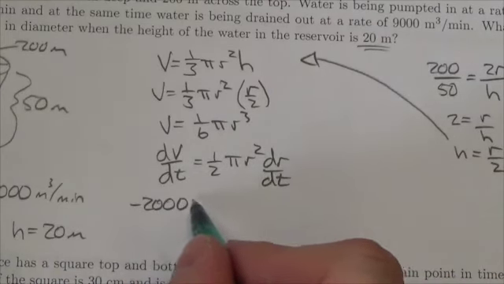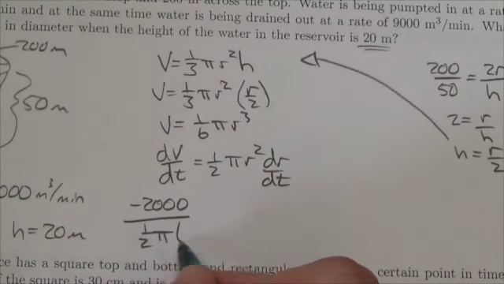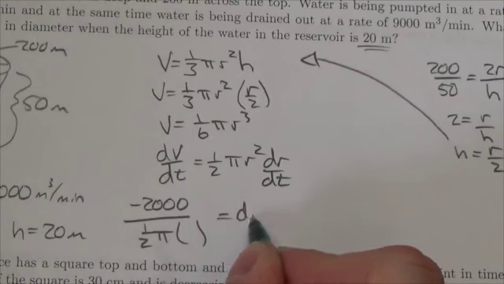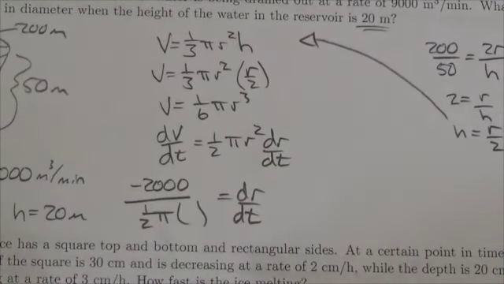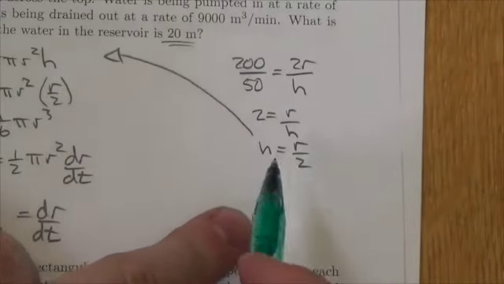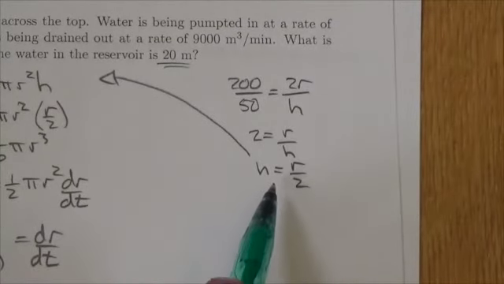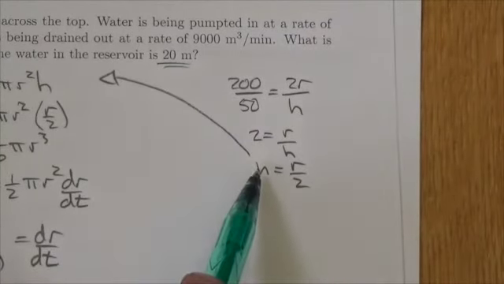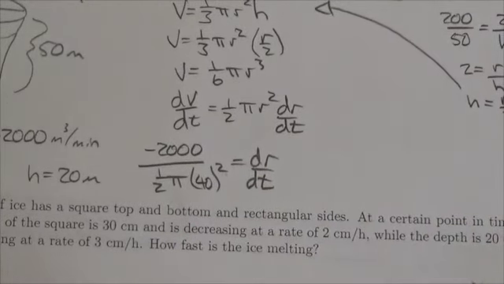I'm going to divide by 1/2 pi, and then I have to divide by r squared. Well, I don't know what the specific radius is. Oh, yes, I do, because I'm looking for where this occurs at the specific instant that height is 20. If the height is 20, the radius will be 40. So this will be over 40 squared.